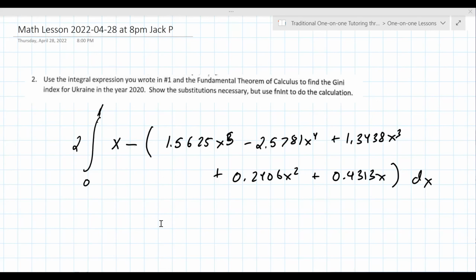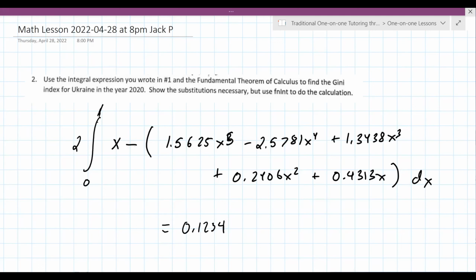So I get 0.1234 here, and that's when it's multiplied by 2 as well. It is not, sorry. I did not multiply by 2.